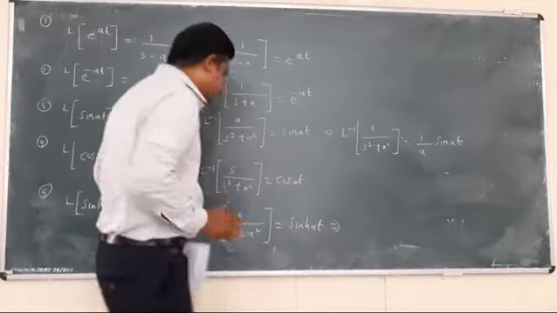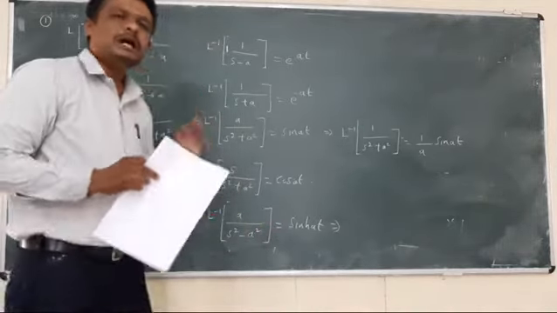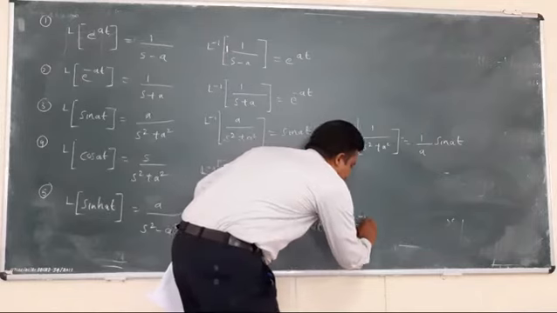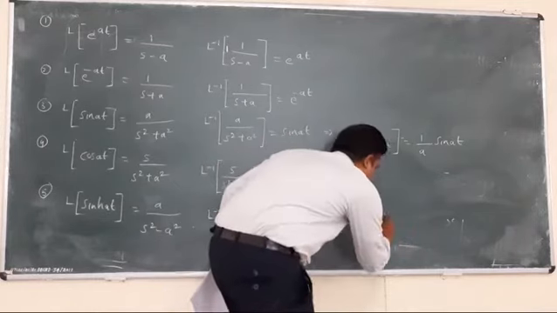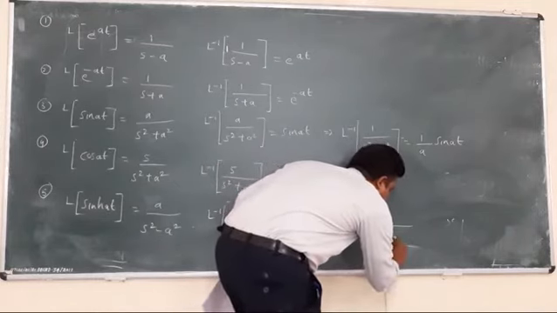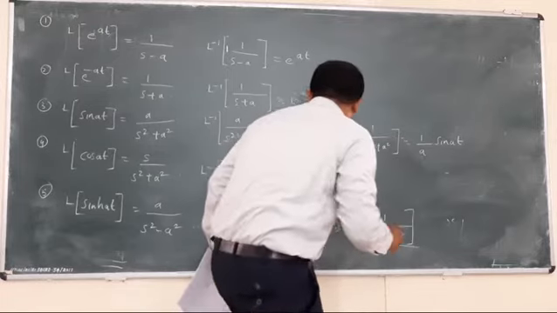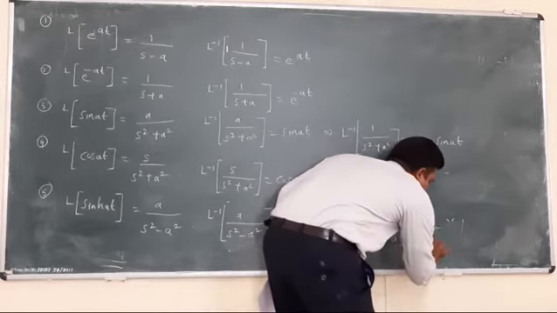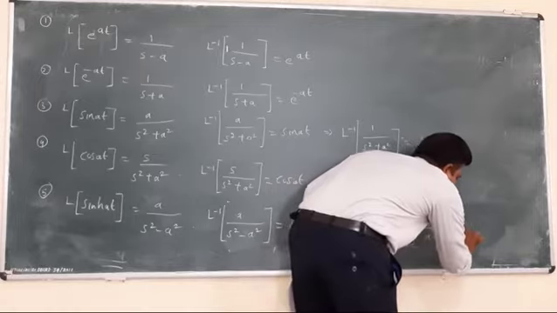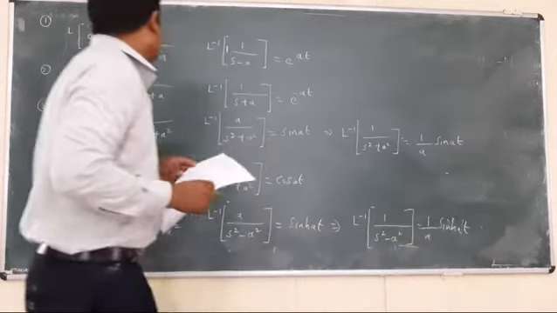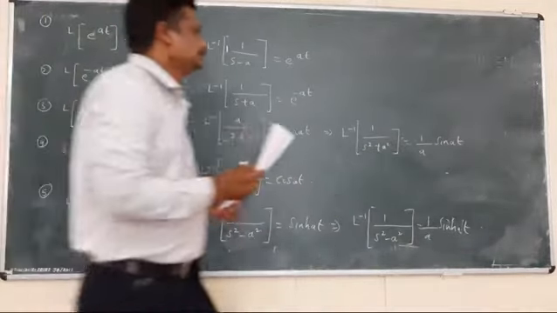While solving the example, again I will shift this a to the RHS. It becomes L inverse of 1 upon s square minus a square is equal to 1 upon a sin hyperbolic of at. So these are some of the formulas.